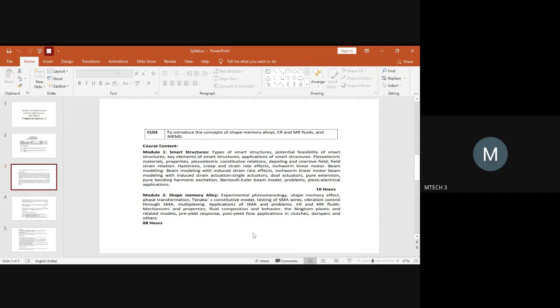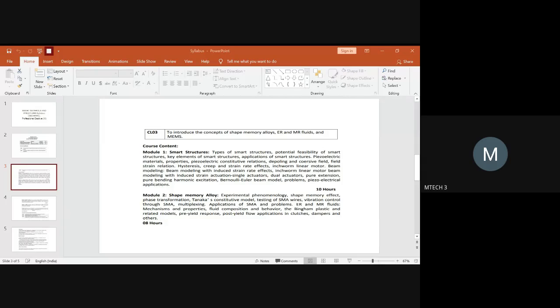If you don't know, you have to search, dig, and present. Yes, ma'am. So your title will be Bernoulli-Euler beam model for a smart structure application. Okay? Yes, ma'am. So even yours is now finalized.